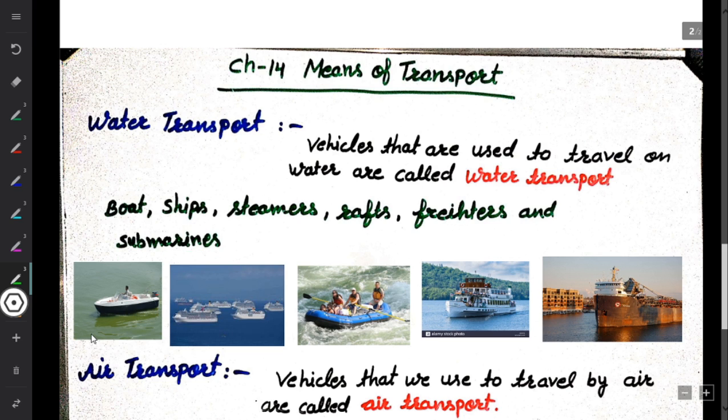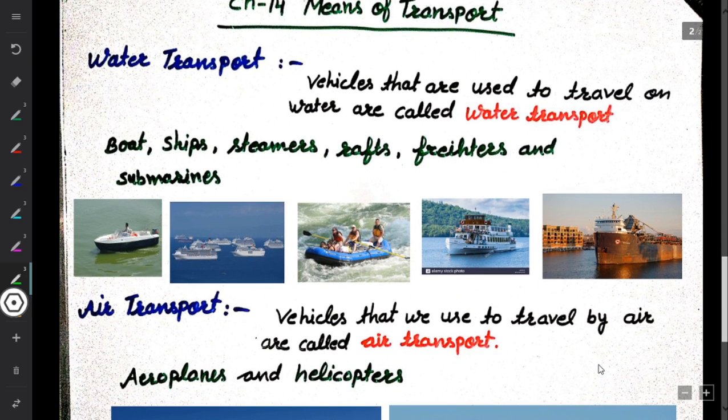This is the picture of boats and ships. You can see here many ships. Steamers, rafts, freighters, and submarines are some means of water transport.